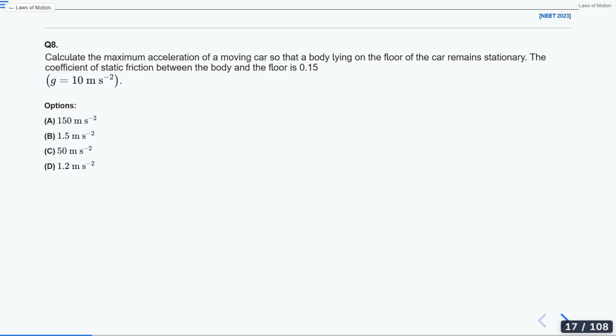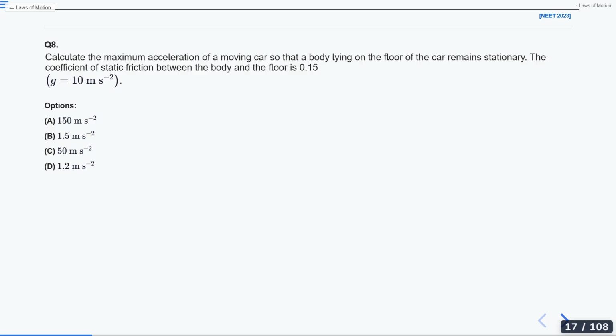I want all of you to react, please. We are around 38 students here right now. React everyone in the chat box. Whatever answer you have got, tell me. I will give you 30 more seconds. Please solve the question and tell me the answer. It's a very easy question. Calculate the maximum acceleration of a moving car so that a body lying on the floor of the car remains stationary. The coefficient of static friction between the body and the floor is 0.15.